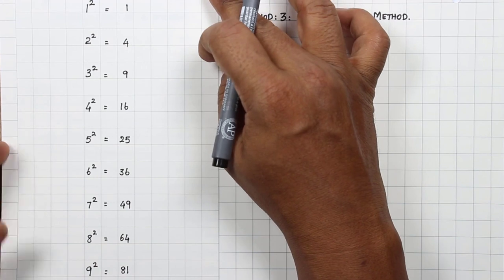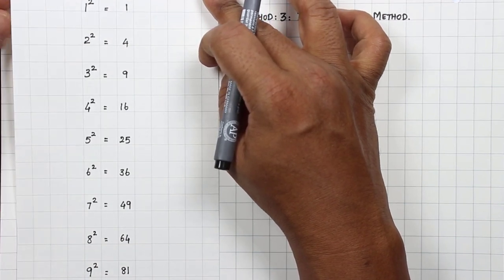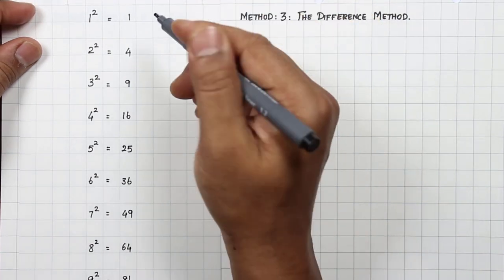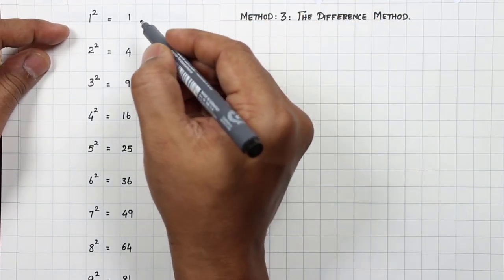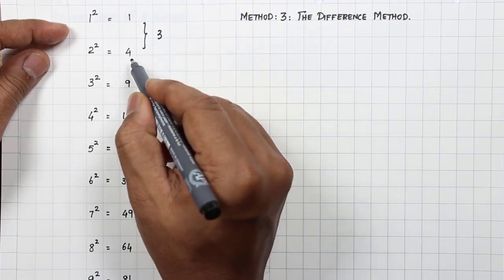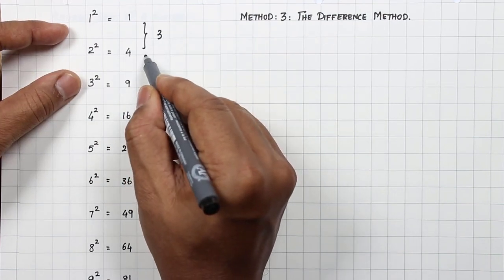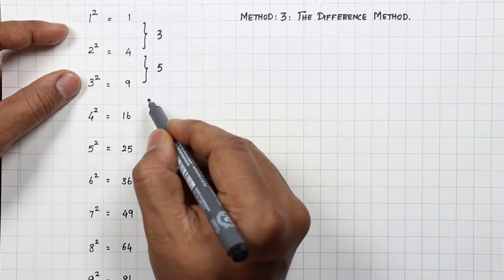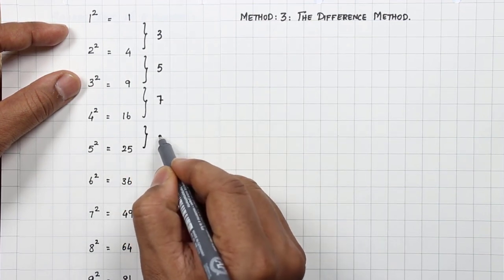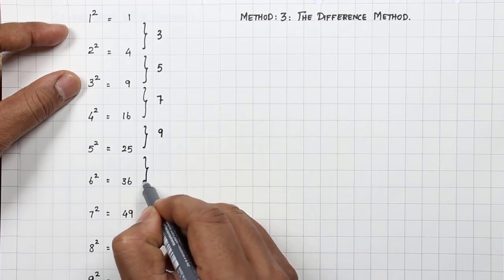Now suppose I take the differences of all these numbers. You can see that the difference between 1 squared and 2 squared is 3, and the next difference between 4 and 9 is 5, then the next difference is 7, the next is 9, and the next is going to be 11.